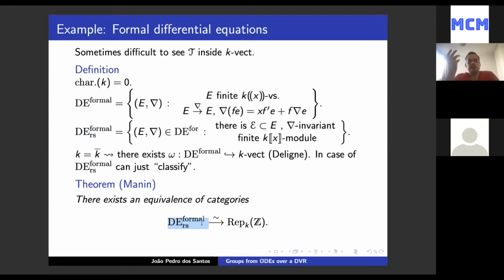What Deligne's theorem was saying is that if you work only with regular singularities, then the Tannaka group associated to that will be just the representations of the fundamental group. Of course here there is no fundamental group looking at you in the face, but everybody knows that the Laurent series should be thought of as the punctured disk, and of course the fundamental group of the punctured disk is just Z. So this is an important point.